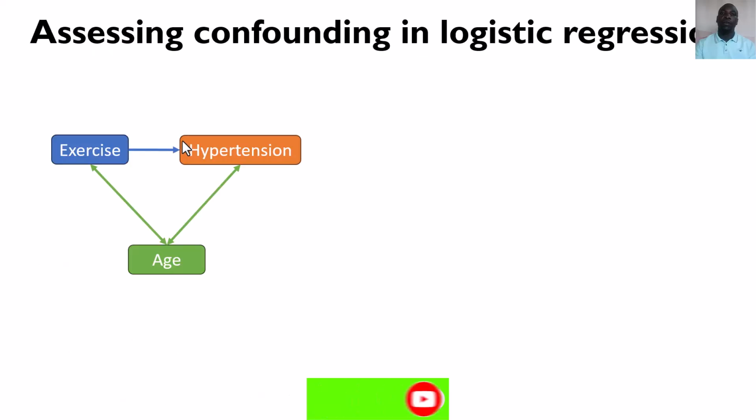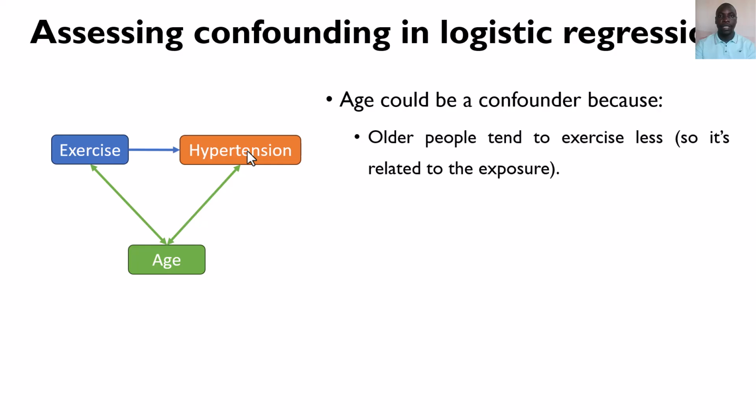When we talk about confounding, this is a situation where the relationship between your independent variable and your outcome variable is distorted by another variable. Suppose you want to study the relationship between exercise and hypertension, but you suspect that age may influence this relationship, then age could be a confounder because older people tend to exercise less. So this variable is related to exercise.